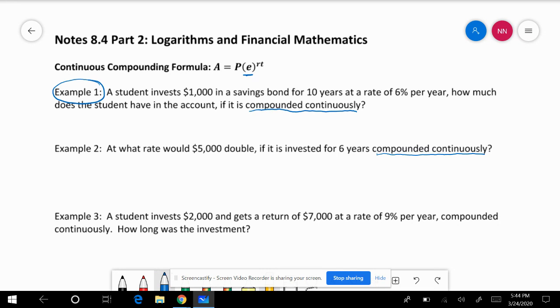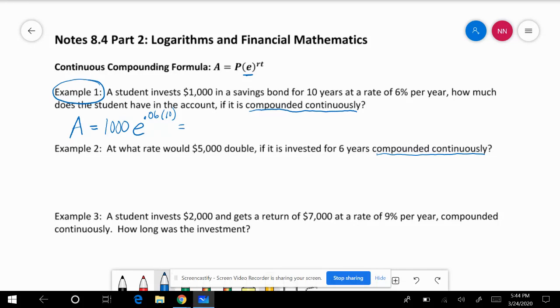When we're looking at example one, we're trying to figure out our final amount. A student invests $1,000 and it's compounded continuously, so we know we're using the number E. Our rate is 6%. Remember to turn that into a decimal. And then we're going to times it by 10.